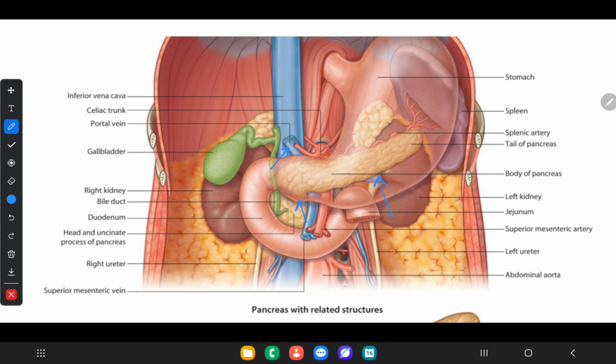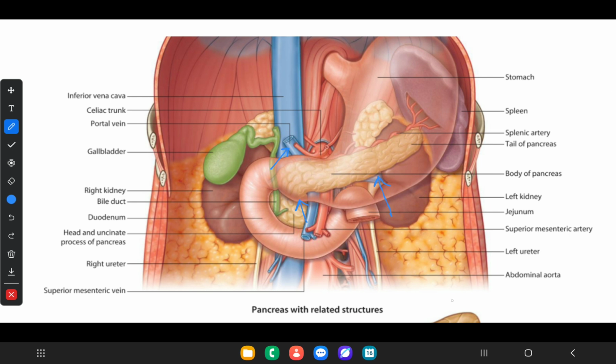Next, when we talk about the relations of the body of the pancreas, the body is triangular in cross section. Actually, there are three borders and three surfaces of the body. The anterior surface of the body of the pancreas lies in between the anterior and superior borders, and the inferior surface lies in between the anterior and inferior borders.